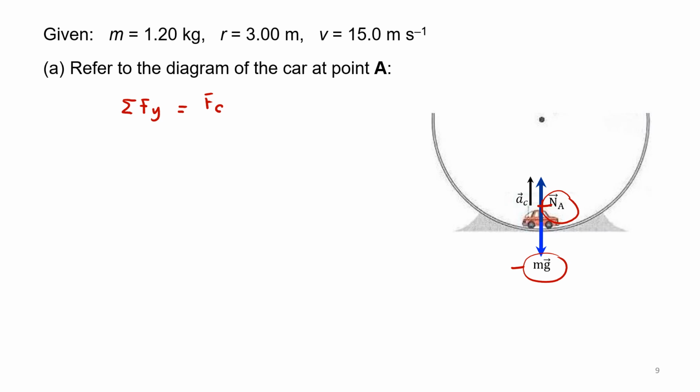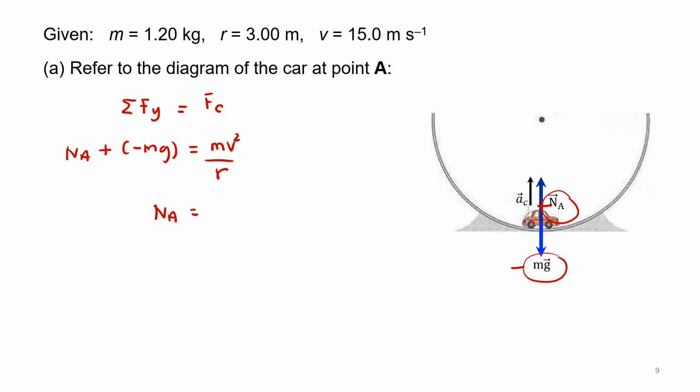So now we will write the total force, which is NA plus negative mg is equal to mv square over r. So rearrange the equation, we add mg to both sides.